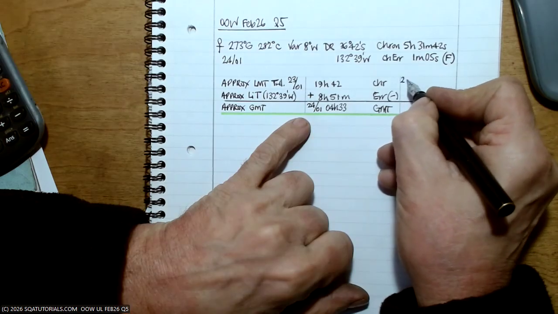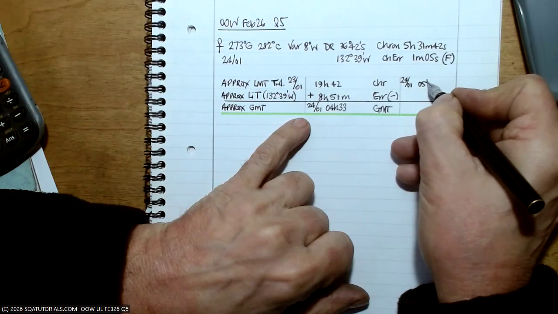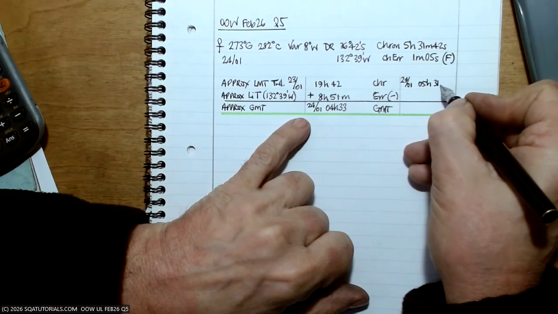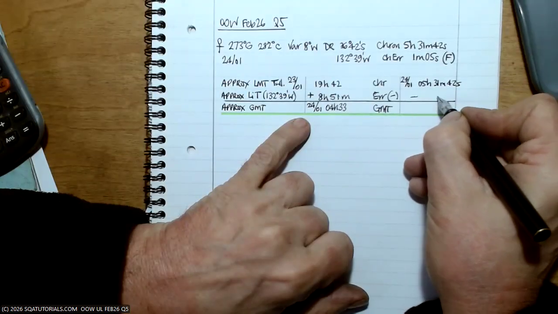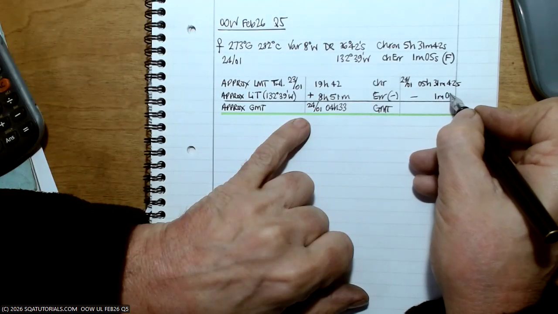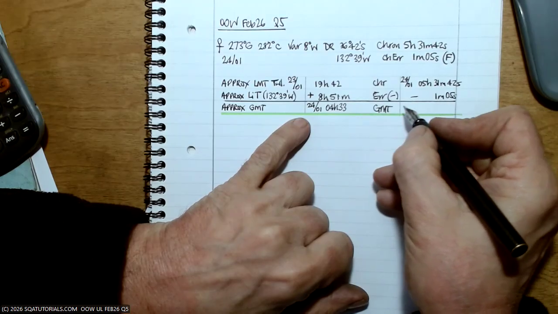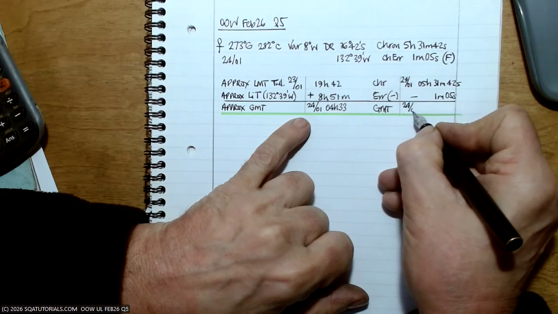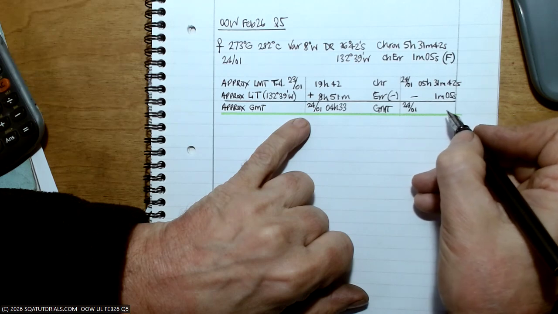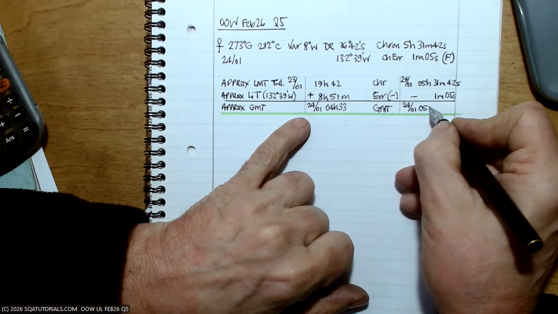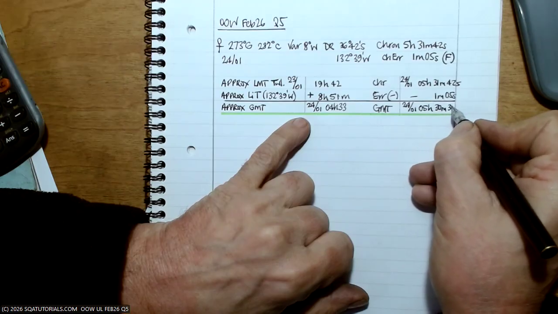So it's going to be the 24th of the 1st at 05:31:42. I'm going to subtract my 1 minute and 5 seconds, and that's going to give me the 24th of January at 05:37.